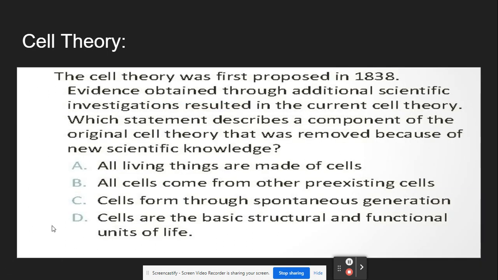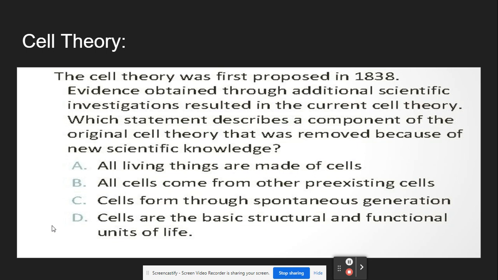Okay, so here's a practice question. Cell theory was first proposed in 1838. The evidence obtained through additional scientific investigations resulted in the current cell theory. Which statement describes a component of the original cell theory that was removed because of new scientific knowledge? A, all living things are made up of cells. B, all cells come from pre-existing cells.